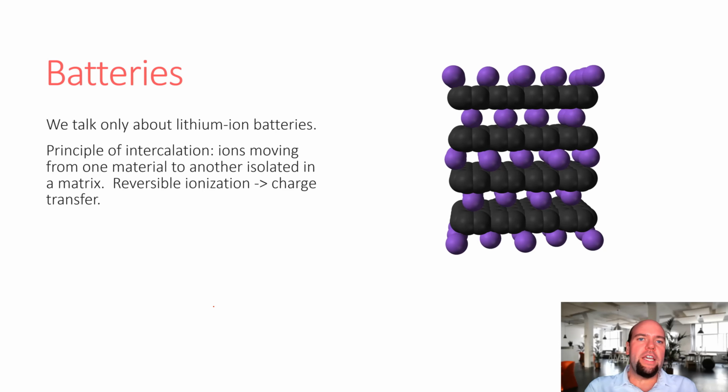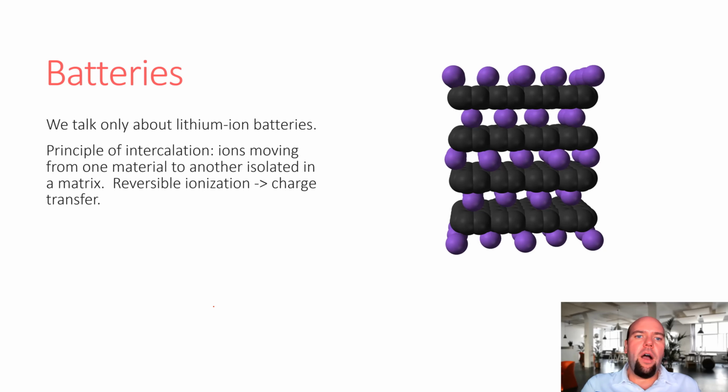So for the most part in this lecture, we are dealing with lithium ion battery technology. That's become the predominant technology for rechargeable systems. There's a variety of different flavors of lithium ion batteries, but they all have lithium ions as their primary charge carrier.